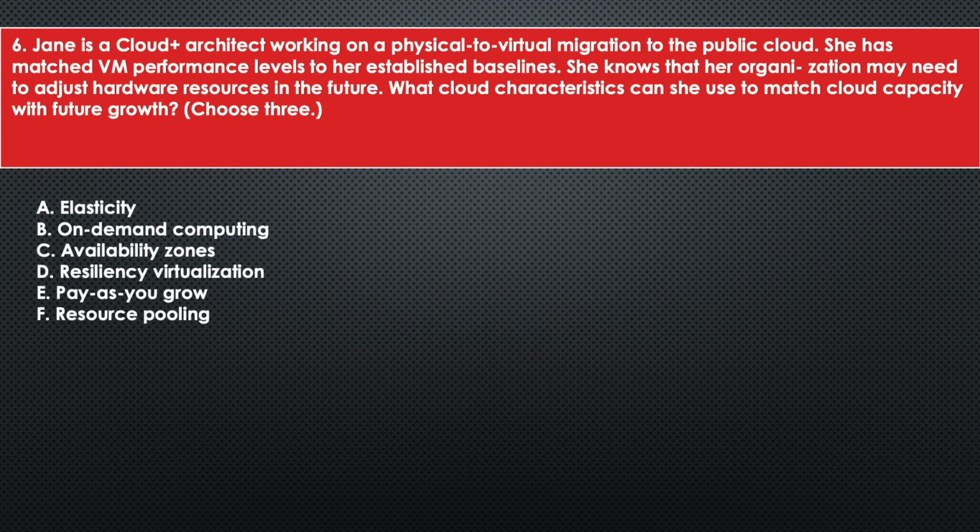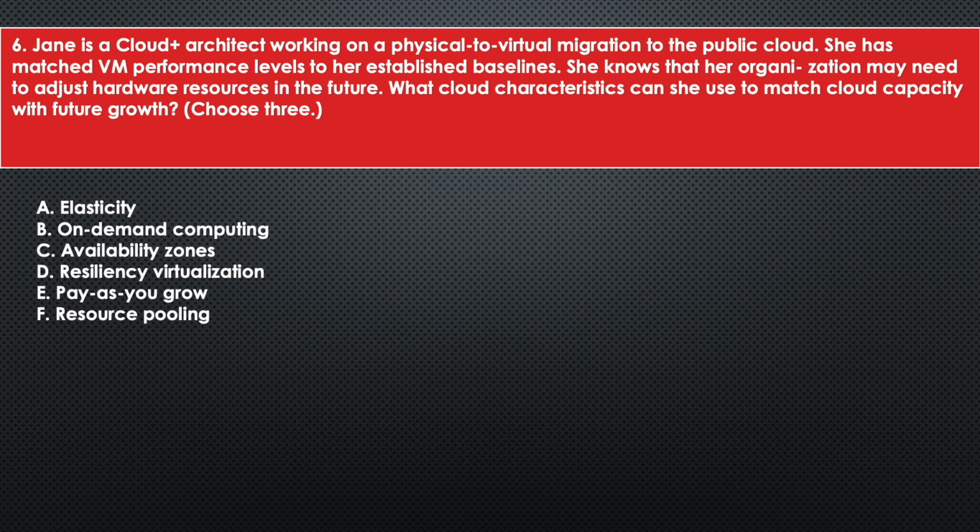6. Jane is a Cloud Plus architect working on a physical to virtual migration to the public cloud. She has matched VM performance levels to her established baselines. She knows that her organization may need to adjust hardware resources in the future. What cloud characteristics can she use to match cloud capacity with future growth?